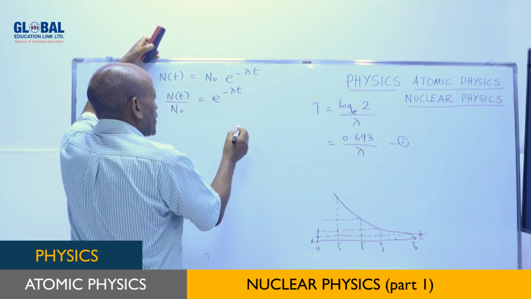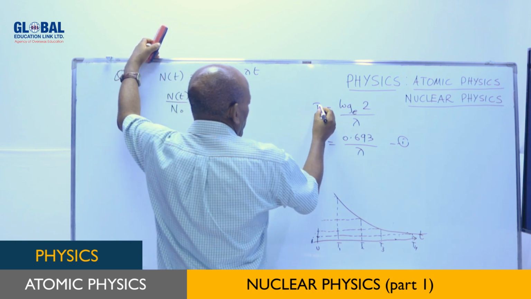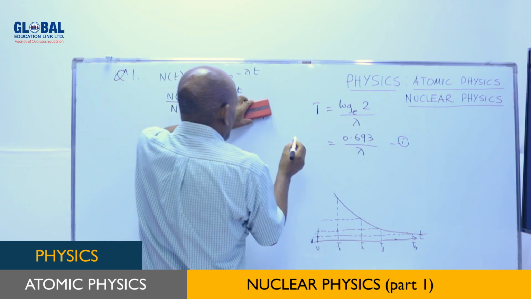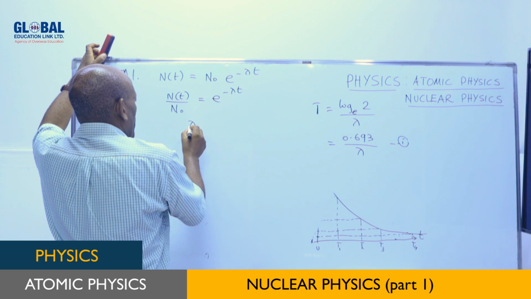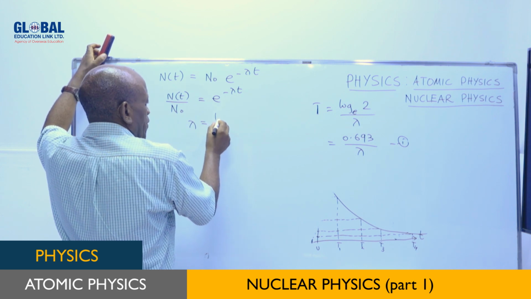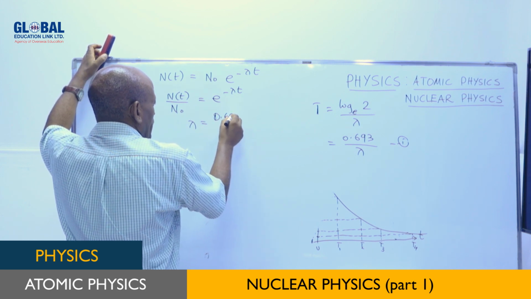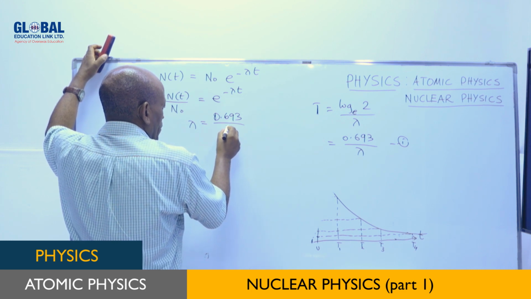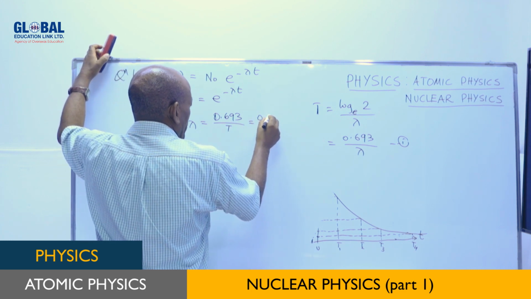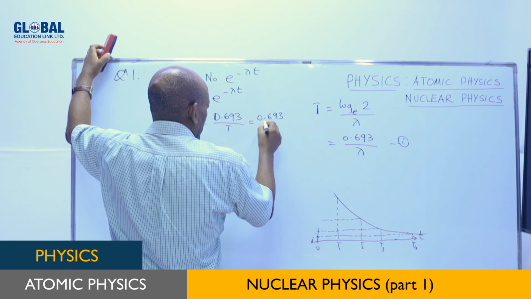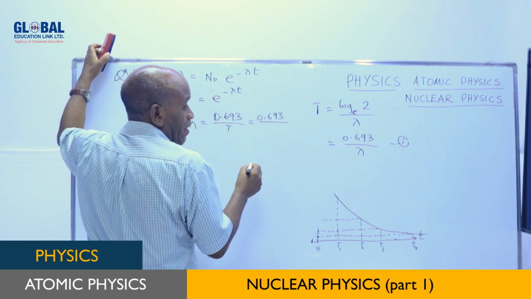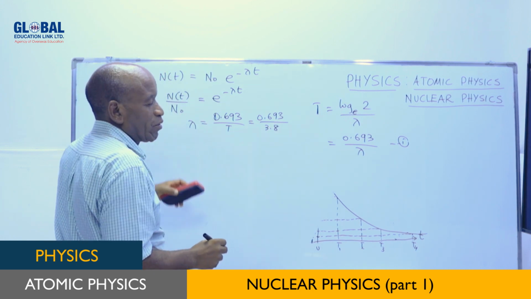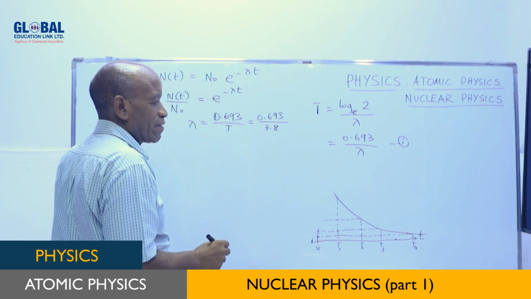But we all know that the half-life t is equal to this much. So if I transpose to make lambda the subject of the formula, lambda is 0.693 over the half-life, and the half-life there is given as 3.8 days.